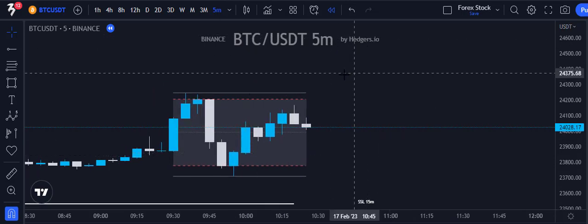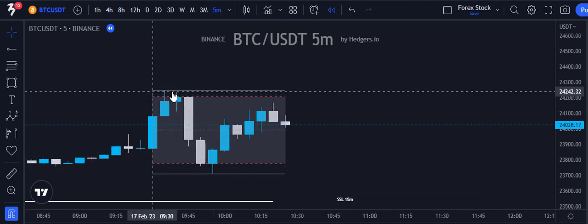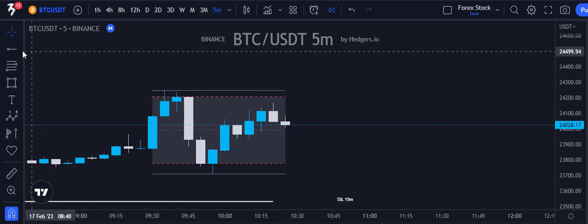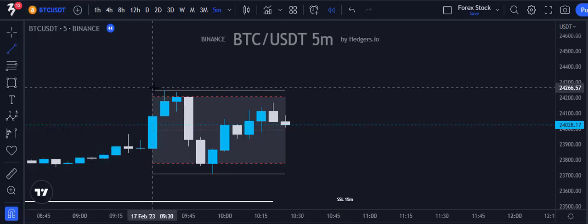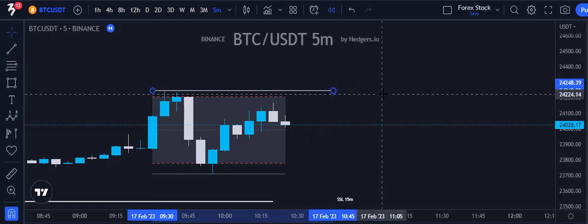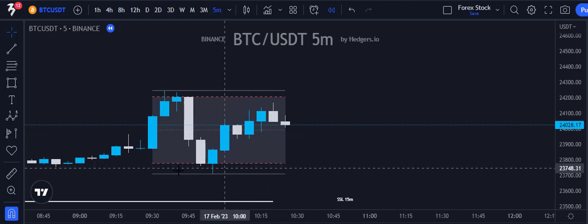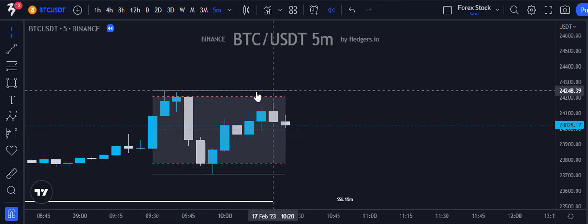Now on the 5-minute time frame, you can see here it automatically marks the DR high. This is our DR high and this is our DR low, the defining range.